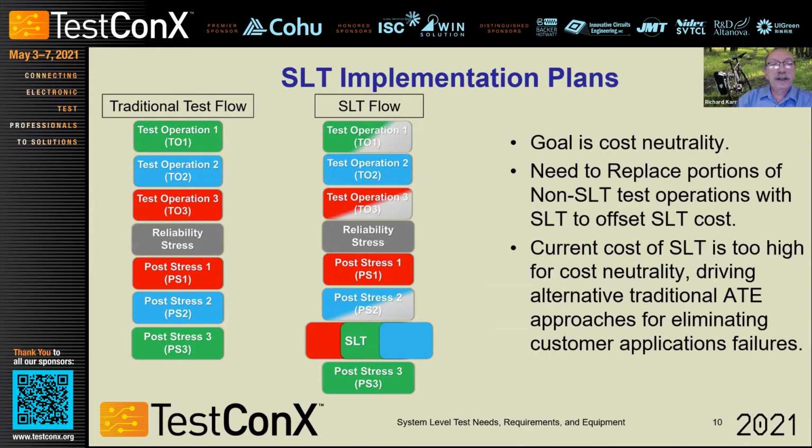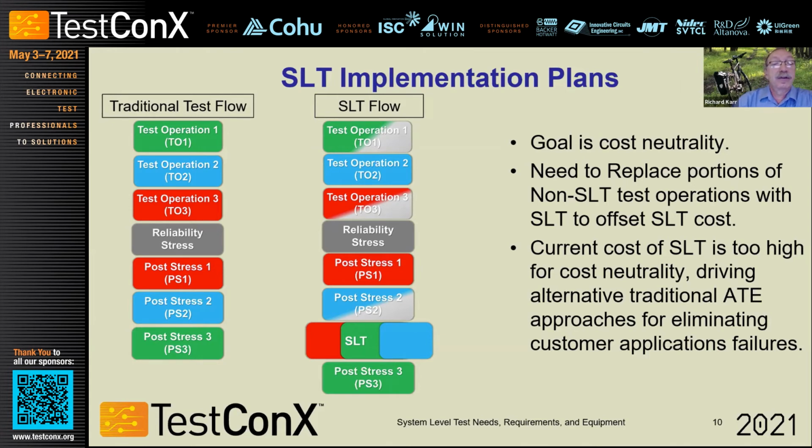So not willing to give up on this concept, as we're working well in identifying these customer returns, a compromise of sorts was reached such that the SLT production implementation could move forward if the so-called cost neutrality could be proven between the existing ATE total production test costs and the new cost with the inclusion of an SLT operation.